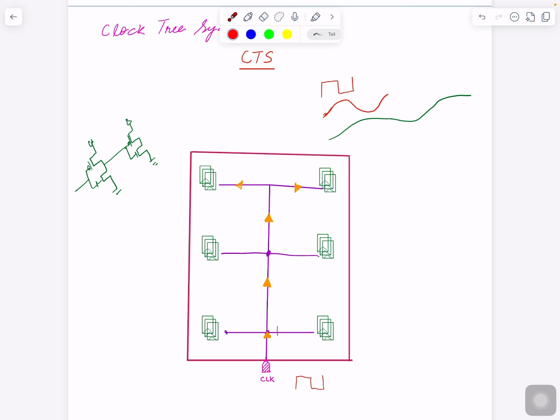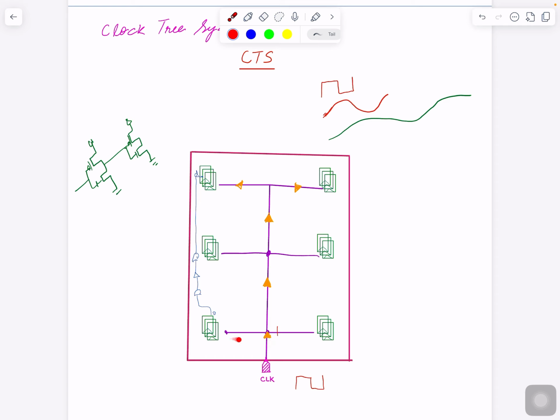Okay, what if there is a timing path between one of these flip-flops? There's an AND gate, inverter, OR gate, to the D pin, from Q out to the D. You see the situation, or you see the problem?